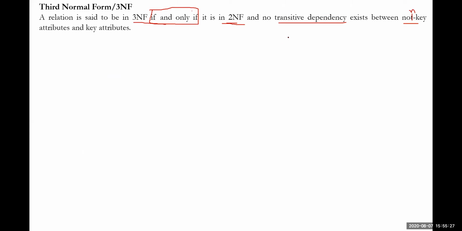Transitive dependency means you must consider X, Y and Z, three different attributes. X must be a key attribute here. Y is functionally dependent on X, and then Z is functionally dependent on Y, and therefore there is a transitivity between X and Z here.